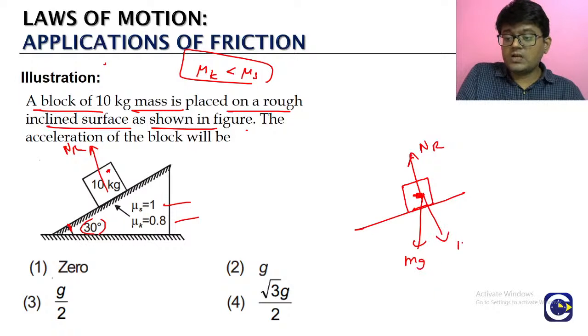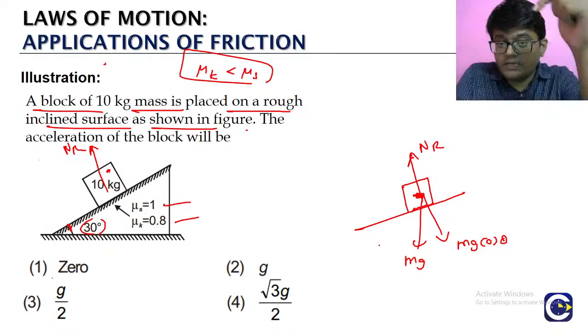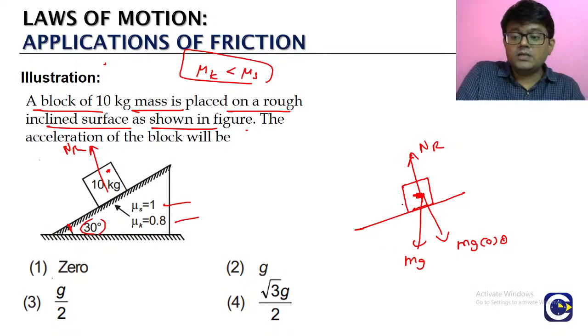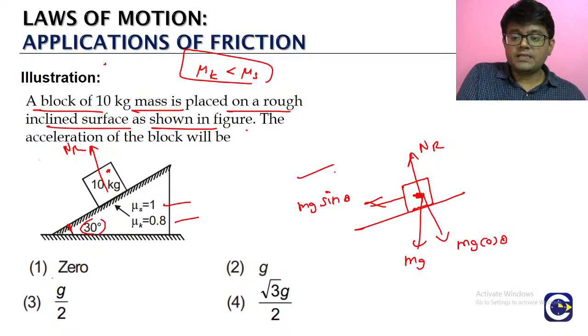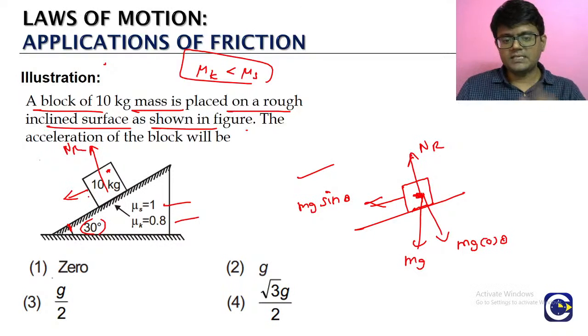But when we take the components of the weight, mg cos theta will be perpendicular to the plane, downward. Mg sin theta will be parallel to the plane, downwards. This component is what will try to move the block down the plane. This mg sin theta, theta is the inclined plane angle.